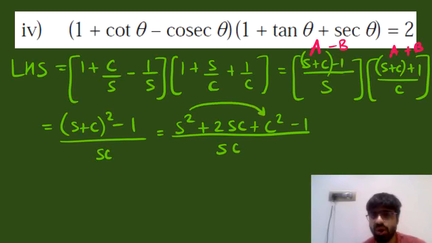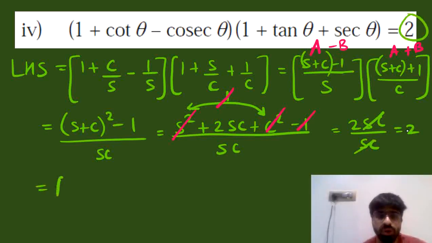Sine square theta plus cos square theta would be equal to 1, but that 1 minus this 1 will be equal to 0. So we have actually consumed sine square theta and cos square theta, and we are finally left with 2 sine theta cos theta upon sine theta cos theta. You can cancel the numerator and denominator here, and the final expression will be equal to 2. So that is how we are proving this particular sum.